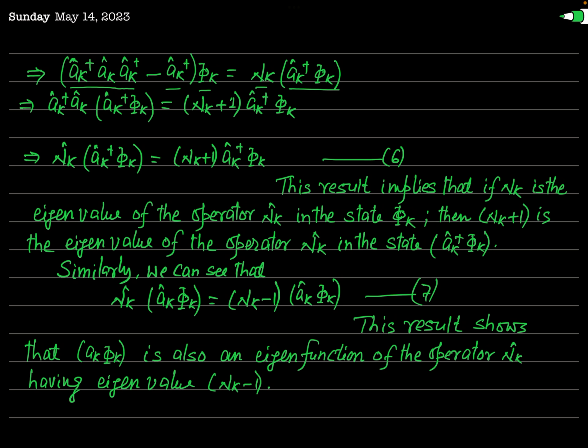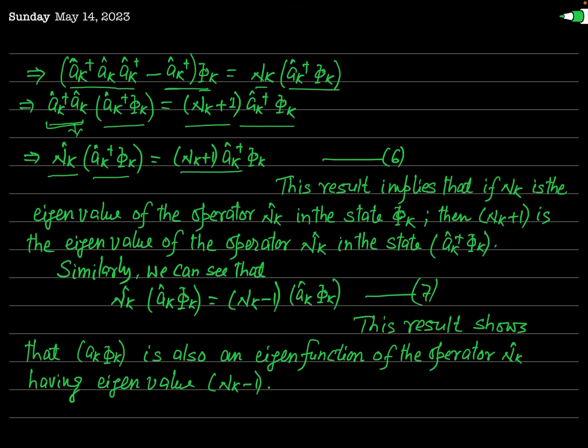The first term in the LHS you can write as ak dagger ak operated on ak dagger phi k, and when we bring the second term to the RHS, the RHS will become (nk plus 1) ak dagger phi k. But you have assumed that ak dagger ak is equal to nk, so instead of this I have written nk hat. Here ak dagger phi k is on each side, and the RHS is also on each side.